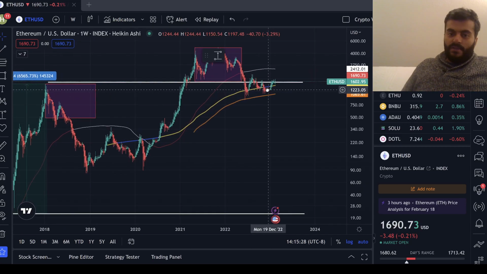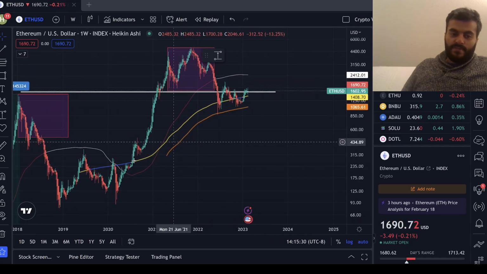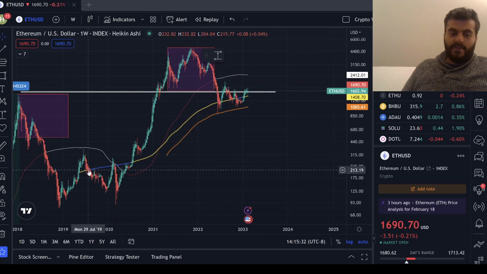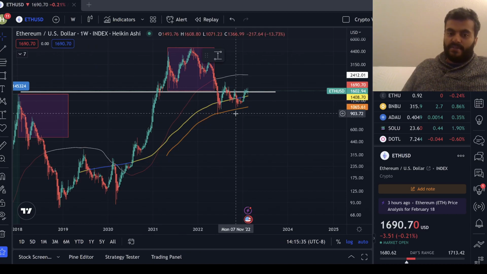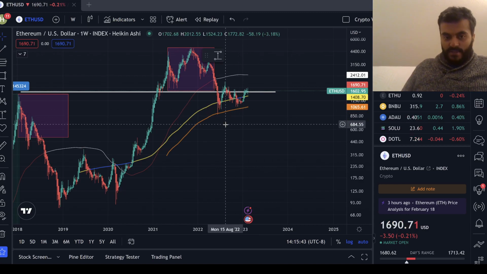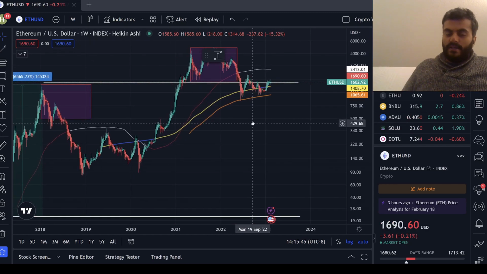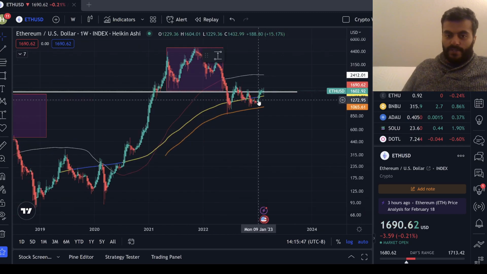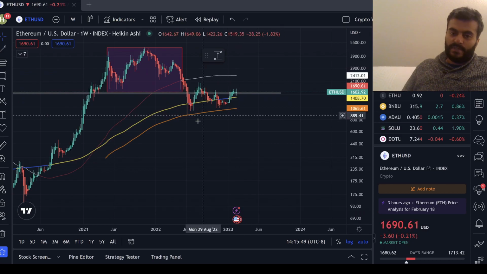So maybe as cycles progress, the 200 week would be replaced by the 300 week, where if the price action falls below this line, that could be a good entry point. So these indicators help in determining an accumulation strategy for Ethereum as well.